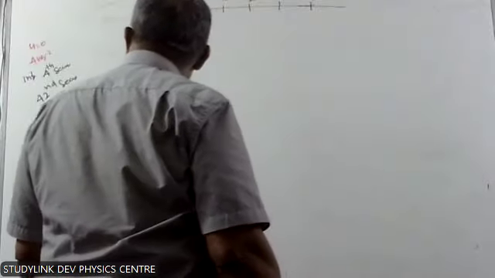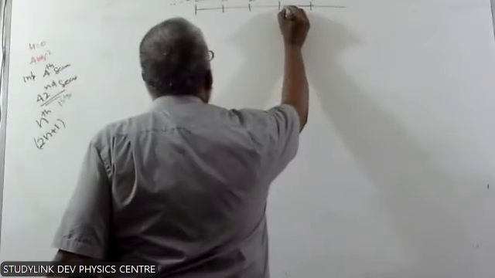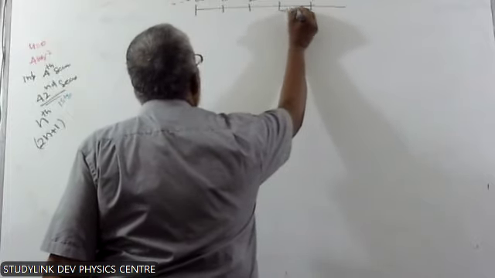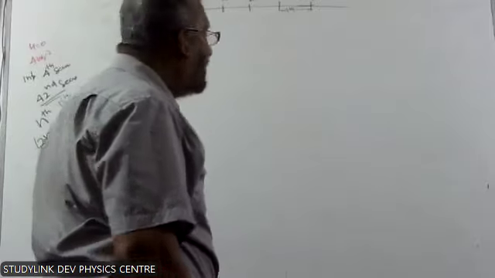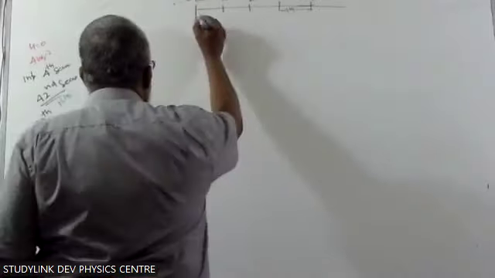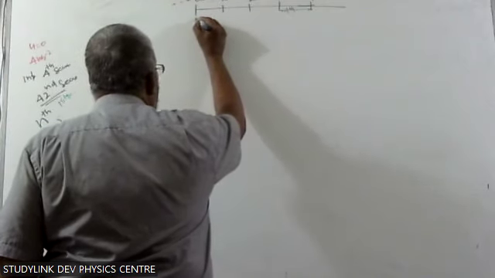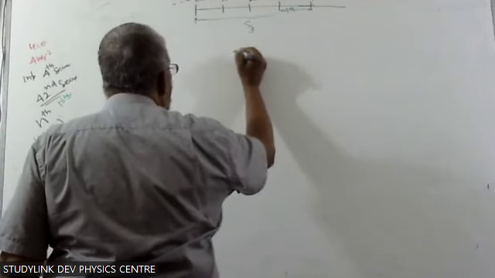Now we'll consider the first question, 4th second. The 4th second starts from 3 to 4. Now they are asking distance. You calculate the distance from the starting point, t equal to 0, up to 3 as S3.